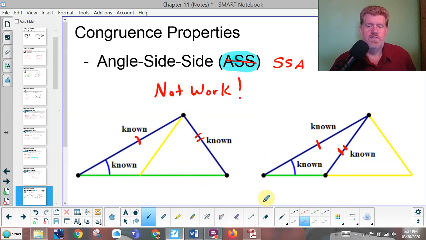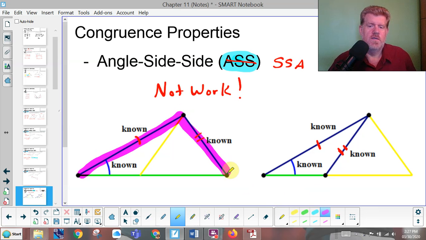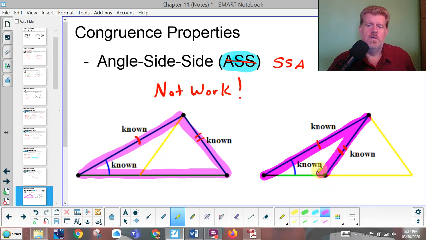So you have these two triangles that fit that criteria. But as you can tell, these two triangles, so it'll be this one and this one, are definitely not the same. So no angle side side, unless you want to call somebody an angle side side because it's fun to do.